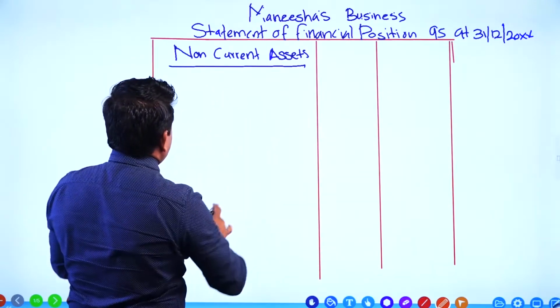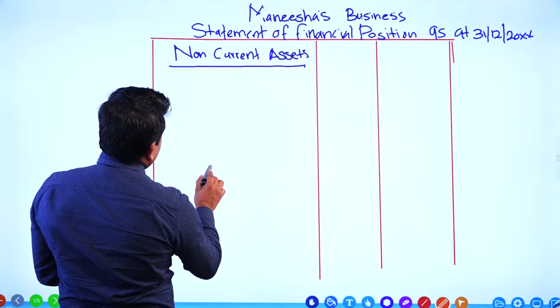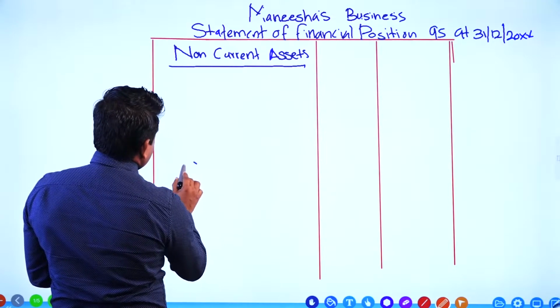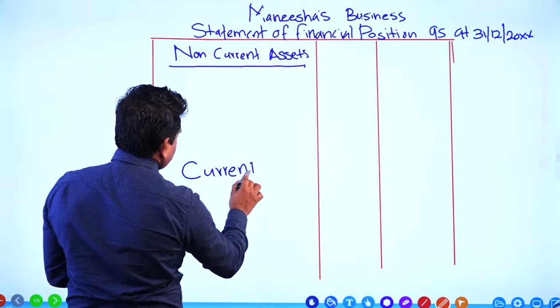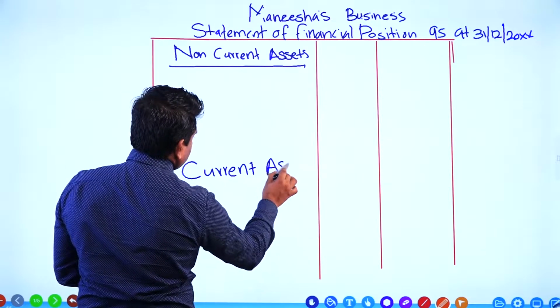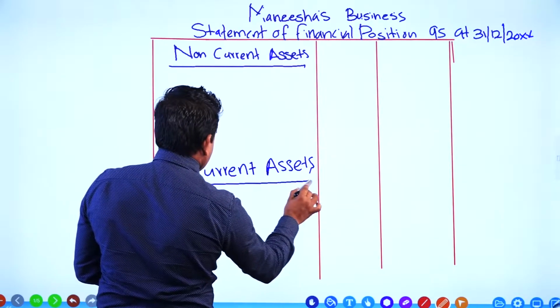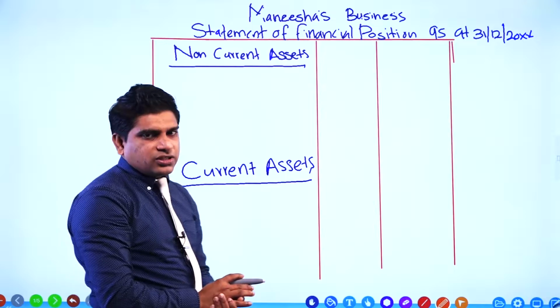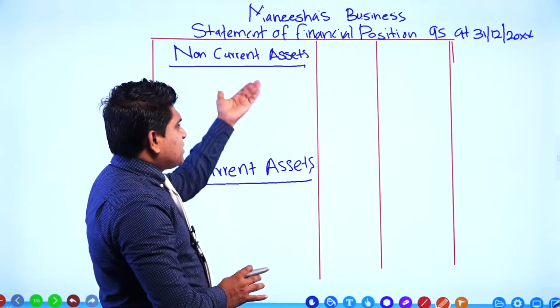Then we give a certain space. The other area is current assets. Under the current assets, we can write closing stock, cash, debtors, and those things. Then this is the assets area.